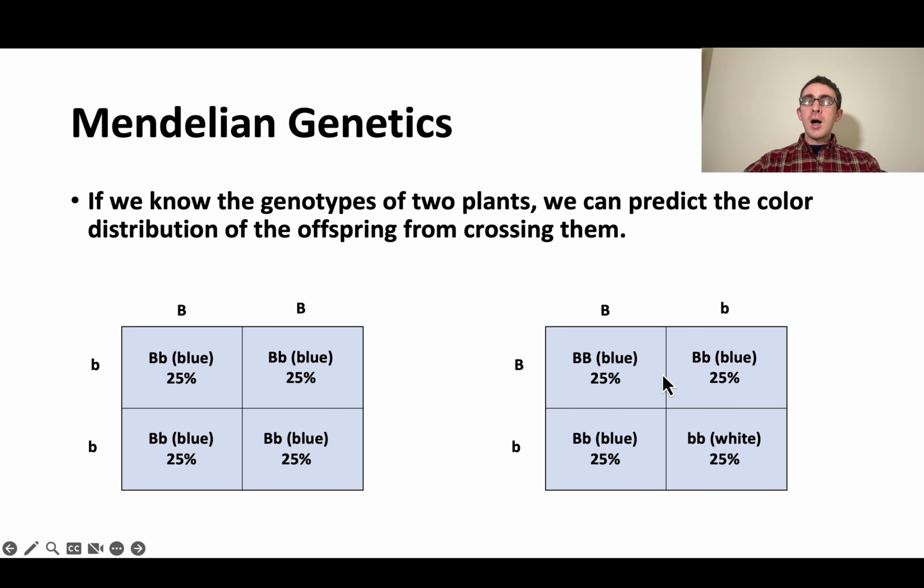And then 50%, because there's this quarter here and this quarter here, would have one blue allele and one white allele, causing them to be blue because the blue allele is dominant. And then about 25%, again, the real thing would be a random distribution, so these percentages could be off a bit due to chance, but this is a predicted percentage. But yeah, 25% would have two white alleles.